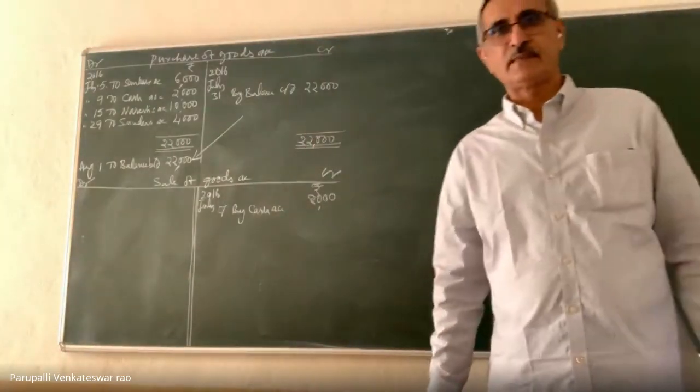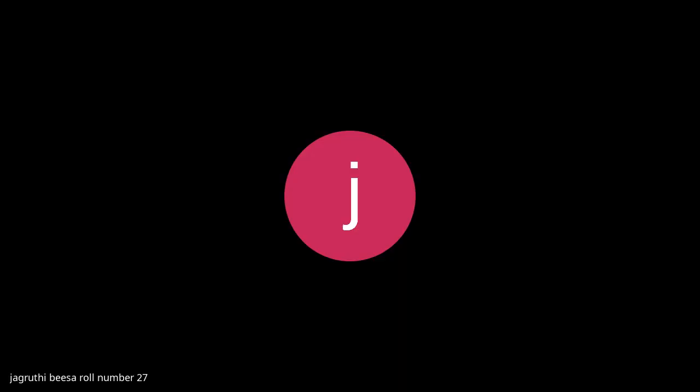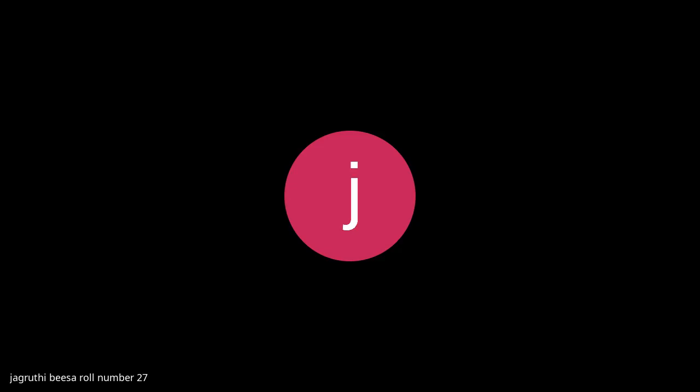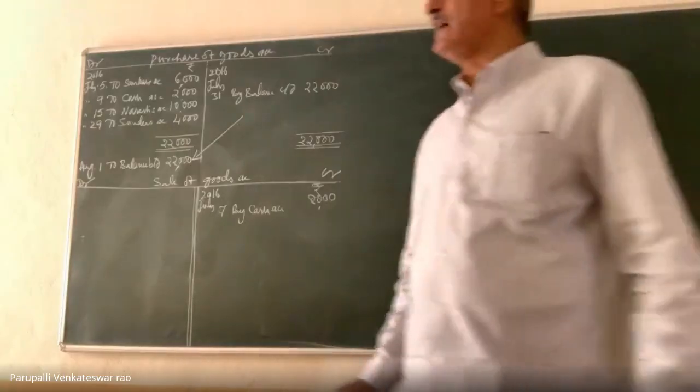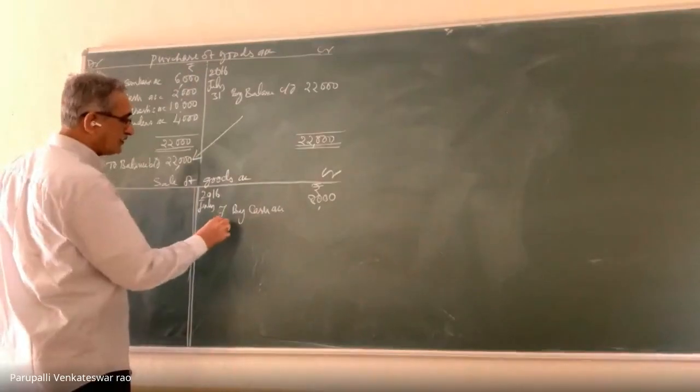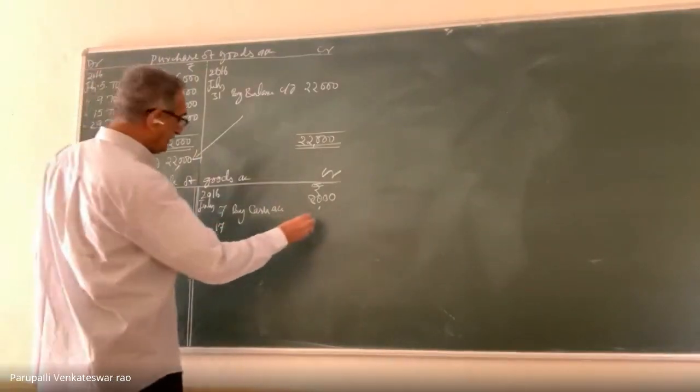Next one. Cash account. July 17th. The entry is Ramesh account debtor to sales account. Ramesh account is debited, sales account is credited. So on 17th July the amount is 12,000.